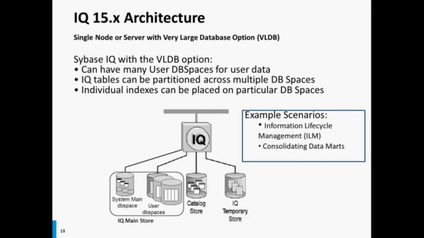And then there's an option called the very large database option, for Sybase IQ. With this option, you can create multiple user DB spaces. A couple of example scenarios for this is information lifecycle management, where you may want to use different tiers of SAN storage, say very fast SSD type storage, maybe slightly slower Fibre Channel type storage, and then slower SAS type storage.